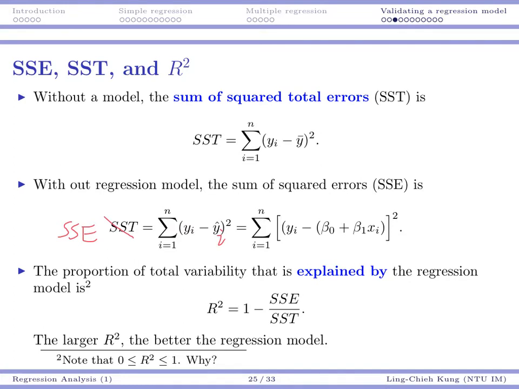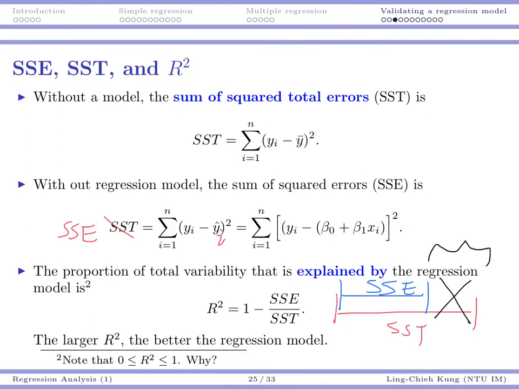SST is the total error. Suppose we have so many errors, then some of them can be eliminated by our model. If our SSE is here and the SST is here, then that means our model can eliminate this amount of errors.